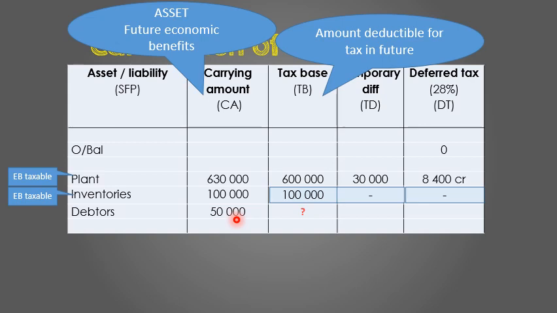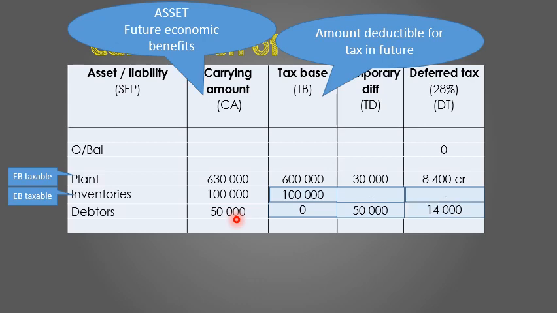When we get that cash, there's nothing that we can deduct against the cash that we get. So if we follow the normal formula, then our tax base there will be 0, resulting in a temporary taxable difference and a deferred tax liability.